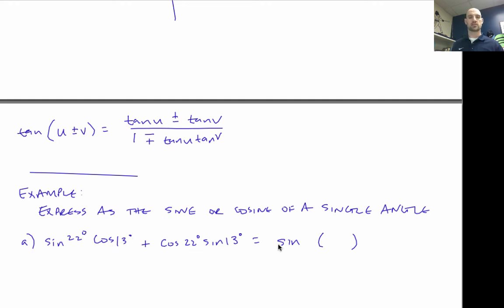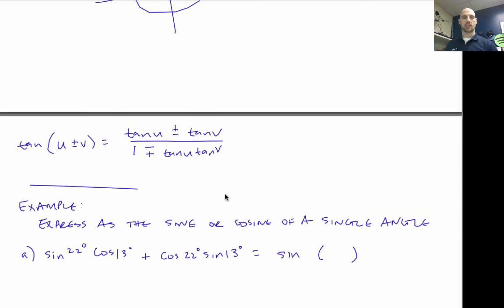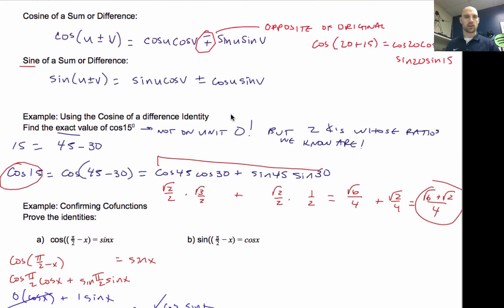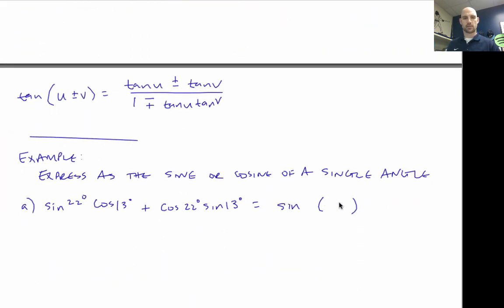So because they're mixed, I know that it's sine. The sign is a plus, and for sine, remember, the sign matches. So if I'm adding in this, I'm going to be adding here. And then I'm going to do 22 plus 13. So this is the sine of 35 degrees, okay, which is not on the unit circle, neither are these two other things, but that's a way that we can rewrite it as a single angle.